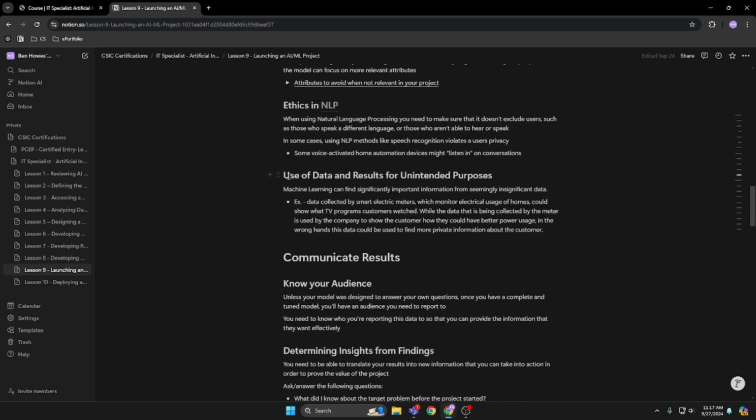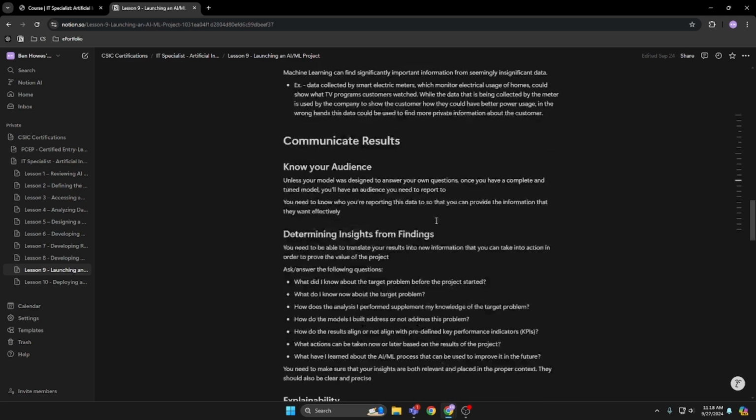It also went through making sure that the data is being used for its intended purposes. Sometimes the data can be used in a way that harms the people that the data is from, and it's important to make sure that you're not doing that.